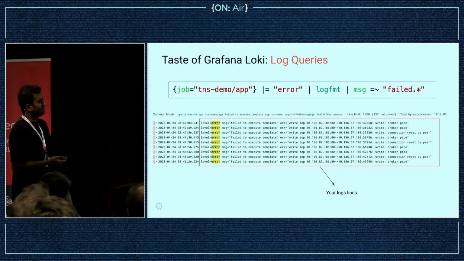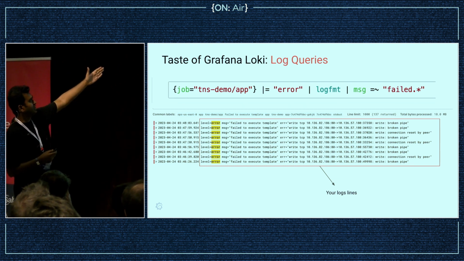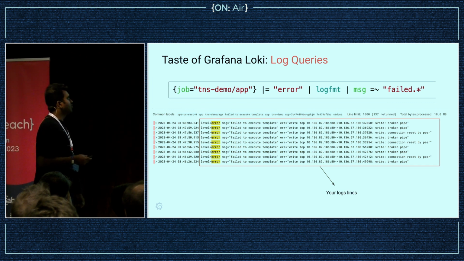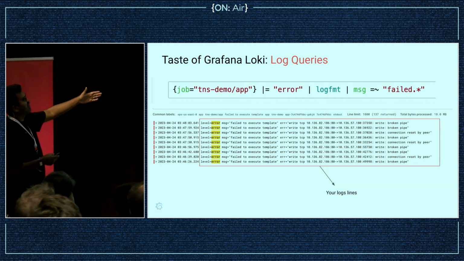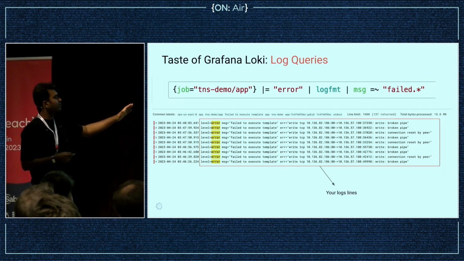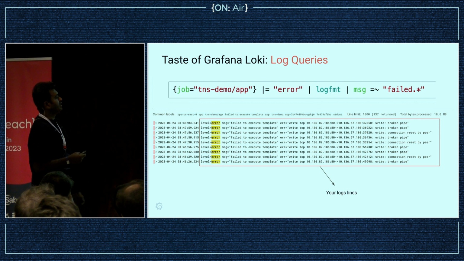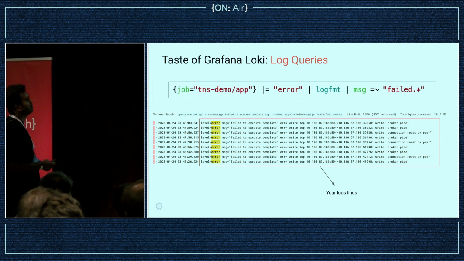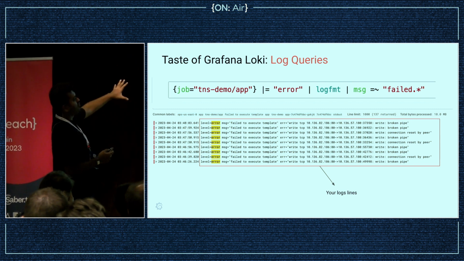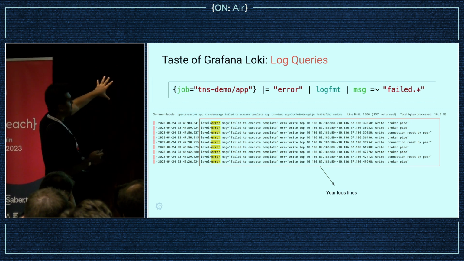This is what it looks like. It's a similar example: show me all the log lines from job equal to tempo demo app, filter for errors, and then parse as logfmt. Probably people from the Go world are familiar with logfmt. Then match with a regex matcher on a message containing failed, which will give you your log line plus a timestamp.